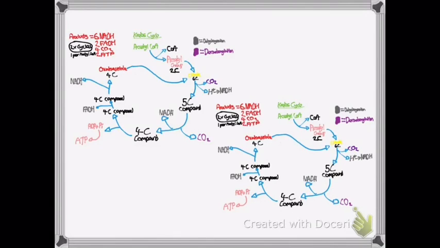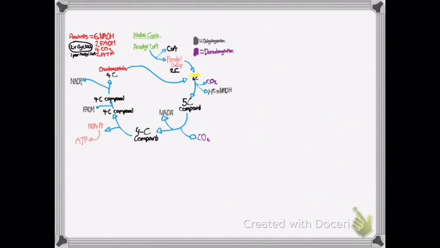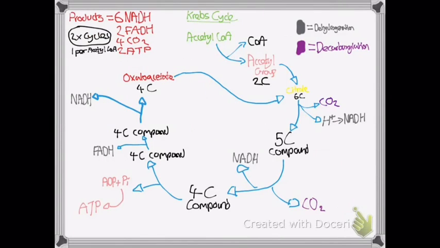Let's write that here: 2 times. If we undo those steps so we can just see what we are producing, after the 2 cycles we're producing 6 NADH, 2 FADH, 4 carbon dioxide and 2 ATP.